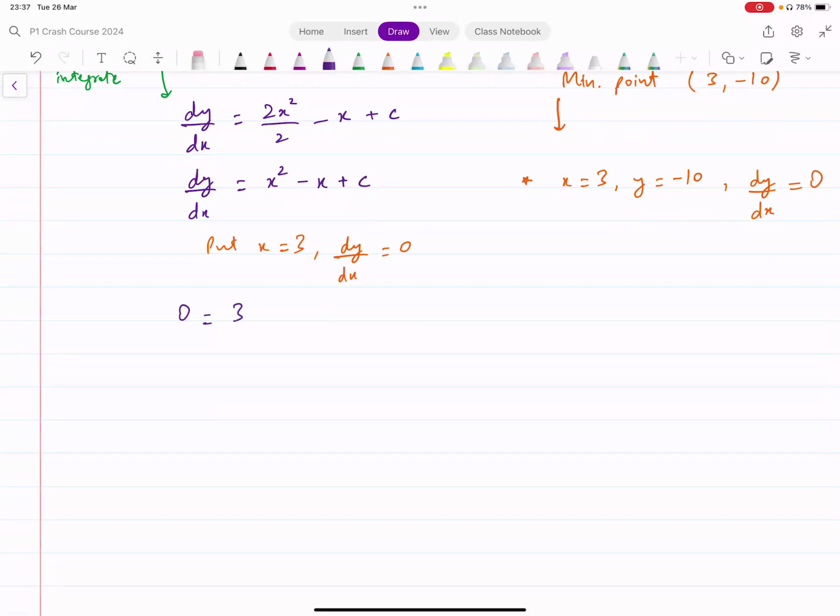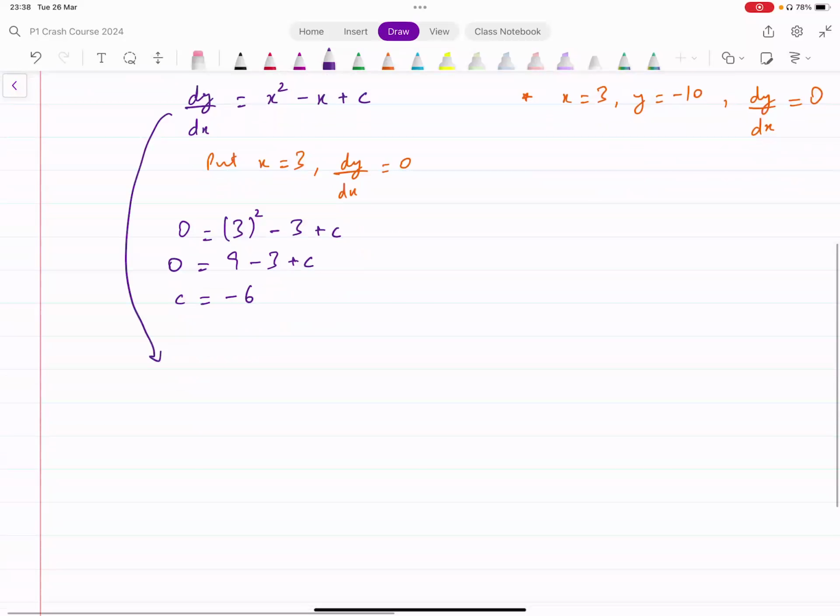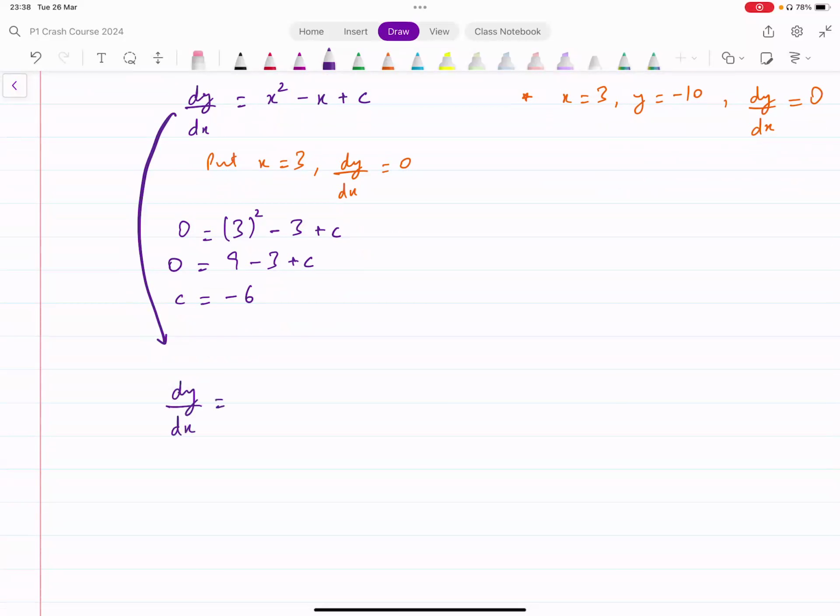When x equals 3, that gives us 3 squared minus 3 plus c, so we have 9 minus 3 plus c equals 0. C turns out to be -6. And that means we have this derivative dy over dx equal to x squared minus x minus 6. So we have found dy over dx now. We have found the value of c that we had there.